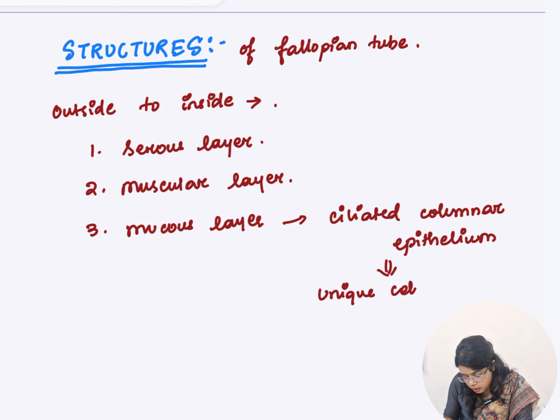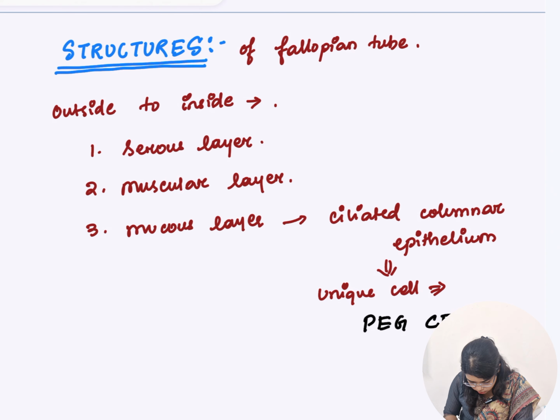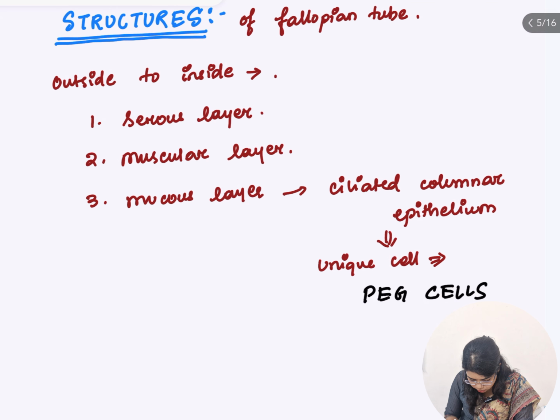The unique cell that is present in the ciliated columnar epithelium is called, I'll write it down, PEG cells. See, this one is the PEG cell.